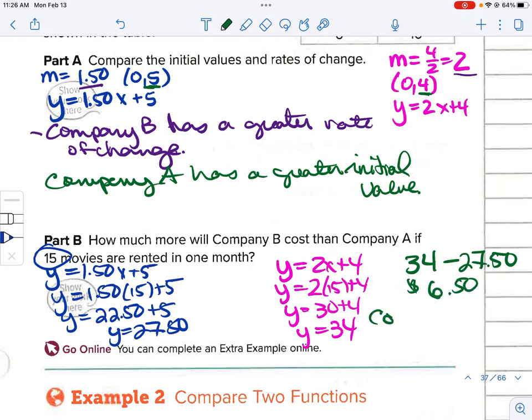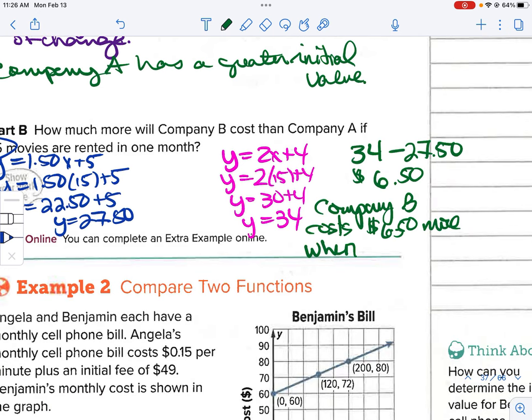So company B costs $6.50 more renting 15 movies. And that's what you do.